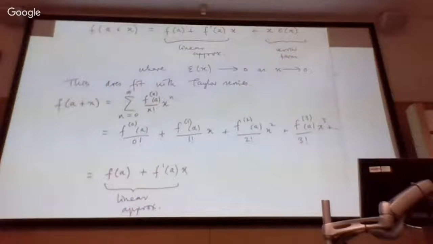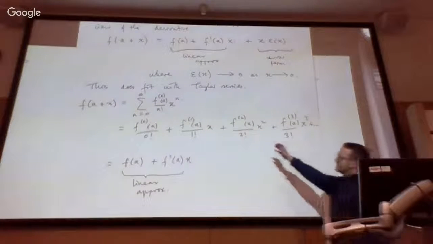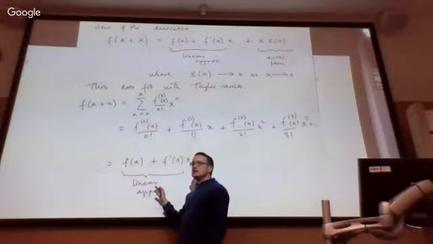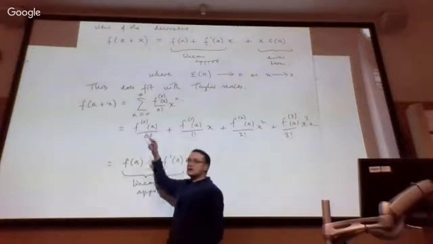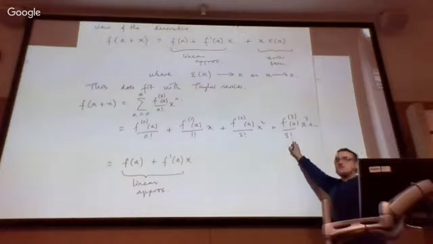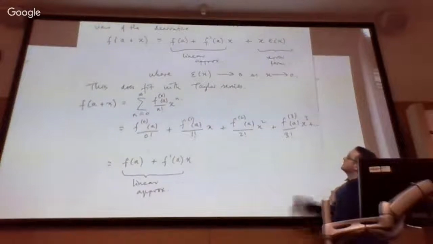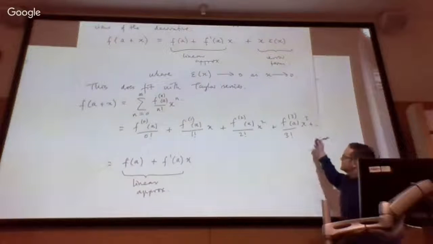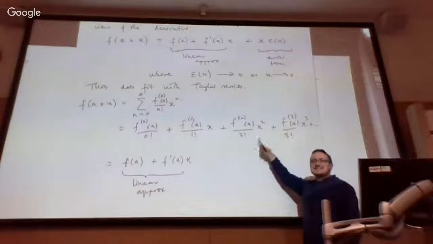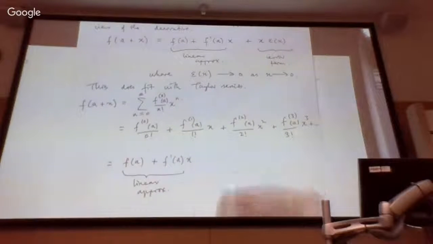So far, the Taylor series is tallying with our linear approximation and error view. So if these first two terms are the linear approximation to the new value of f, that means all this other stuff should fit in as that error term up there. To make it fit that picture, we should be able to divide that by x and still see it converge to 0, even after we've divided it by x.